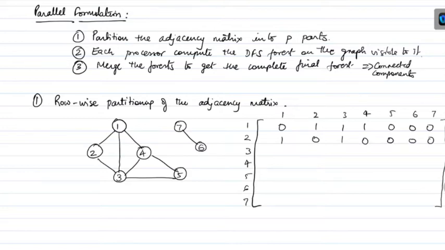From 3, there's an edge to 1, 2, and 4. From 4, there's an edge to 3 and 5. From 5, there's an edge to 3 and 4. There's an edge from 1 to 4 also, 4 to 1. Yeah, sorry.